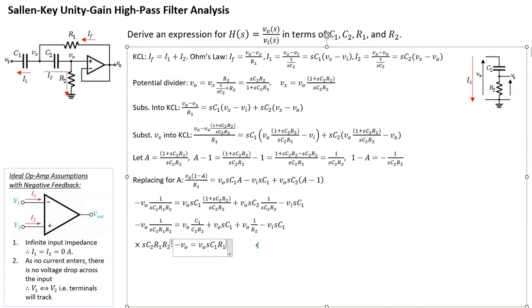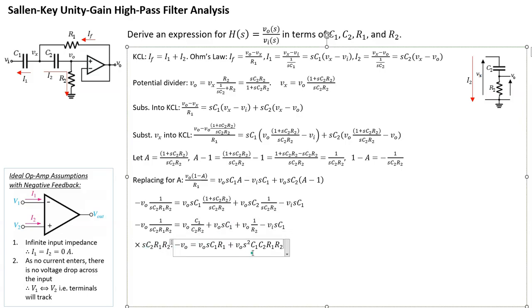Next, continue plus. Again, that multiplied by this, you're going to get an S squared term. So again you have a VO, but now you have an S squared term, and then you have all the passive components, C1, C2, R1, R2. So that's this multiplied by this term.